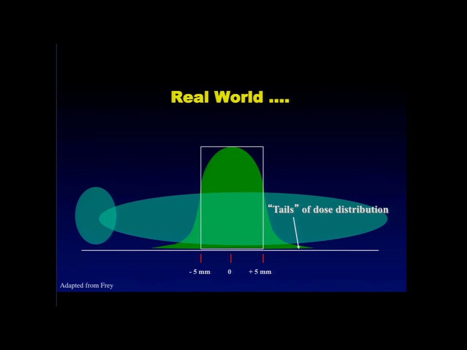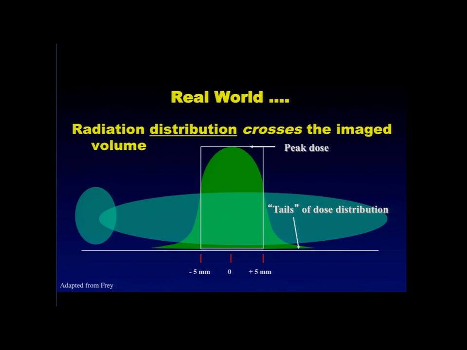But because we have scatter radiation, we have dose tails outside the box, and obviously we have a rounded peak to what we call our dose profile. And so we call that the peak dose.